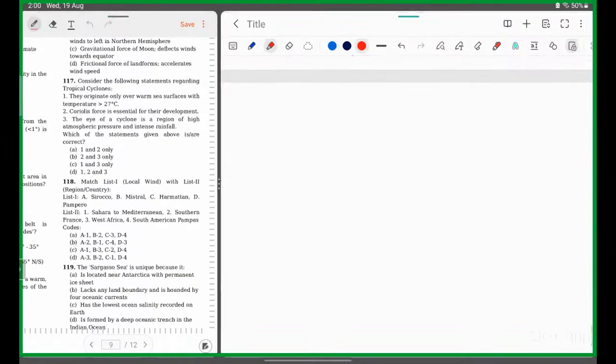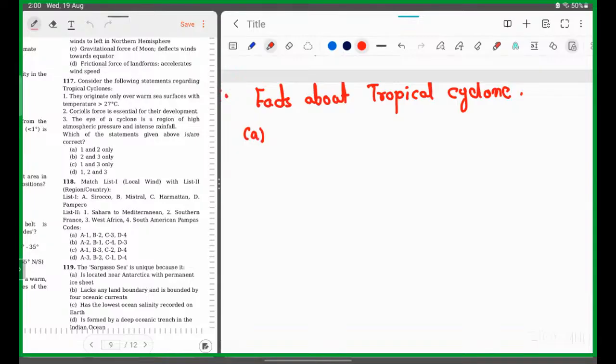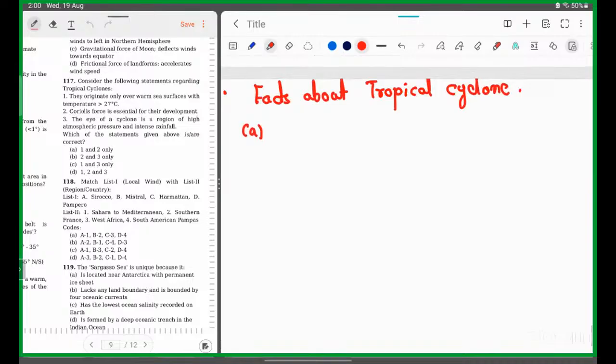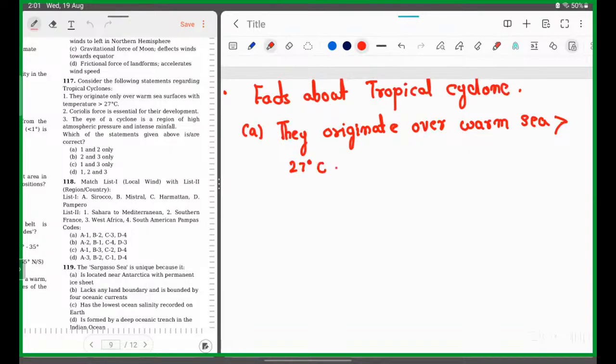So 117, facts about tropical cyclone. A. They originate over warm sea surface, greater than 27 degrees Celsius.